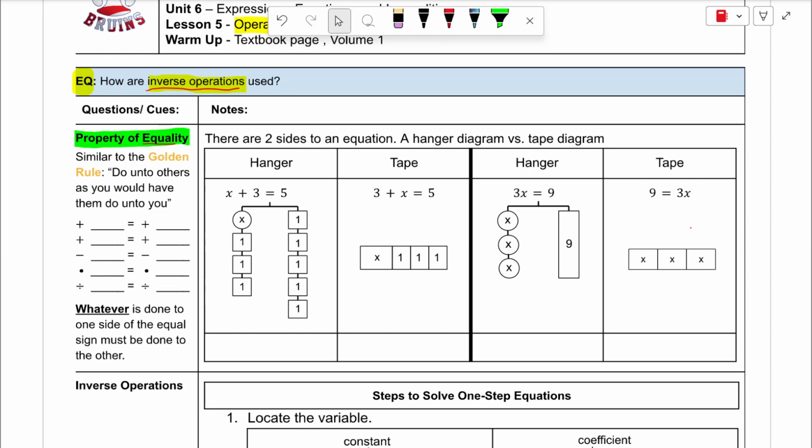Down here, we have a bunch of equal signs, and I'm going to highlight those equal signs all the way down. The first one, we have a plus sign here. And let's say if we're going to add 5 to one side of the equal sign, that means the property of equality says that we have to add 5 to the other side.